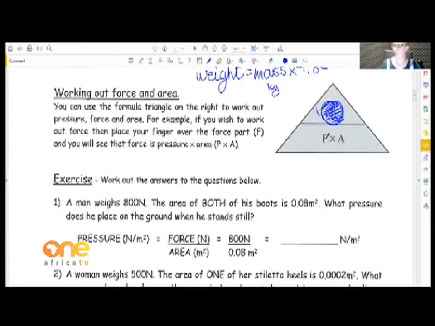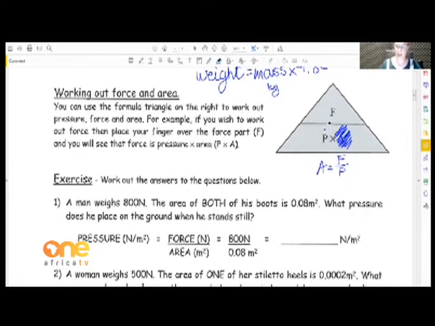So force will then be equal to pressure times area. But if we instead want to work out area, then we will put our finger over it and block out A, and that will give us area is equal to force over pressure. So we will get A is equal to F over P, like that.